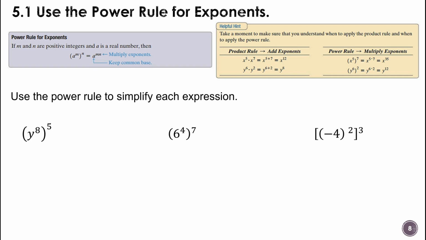So looking at this first example, y to the 8th to the 5th, notice that's a power to a power. This is equal to y to the 40th power. And then on the next one, we have 6 to the 28th power, and I'm just going to leave that way and not calculate it because it's so huge.